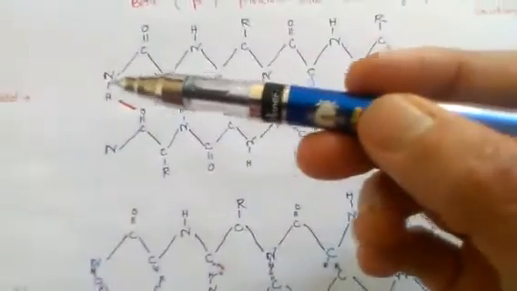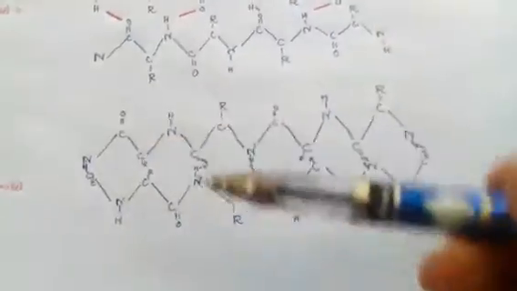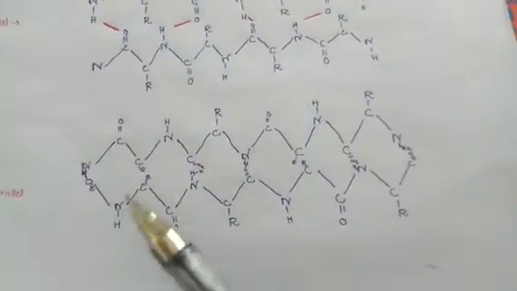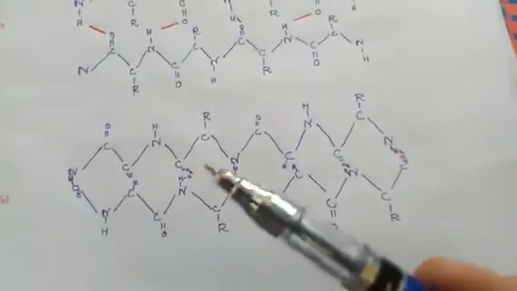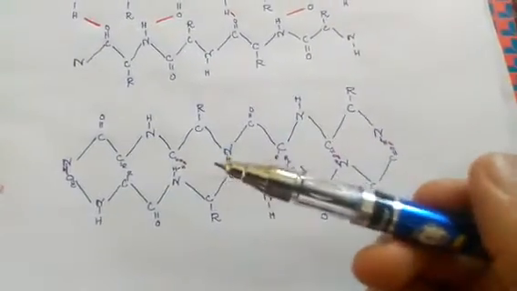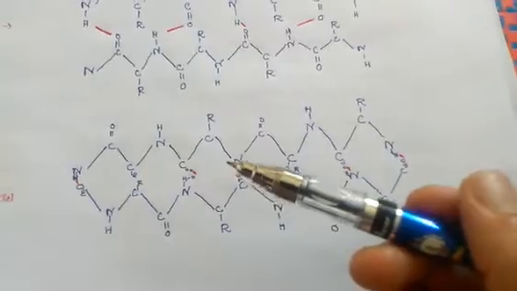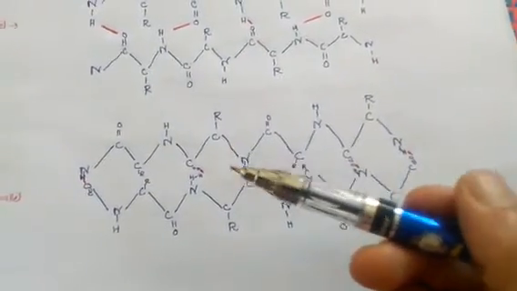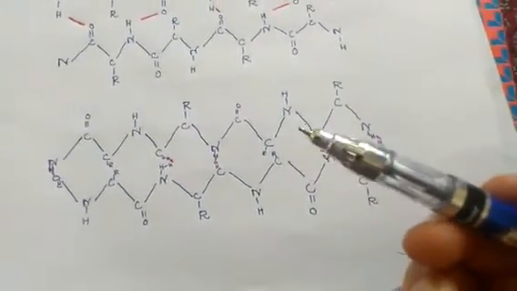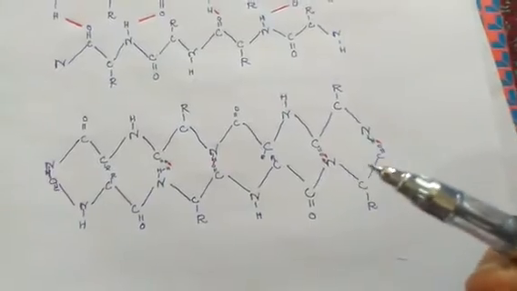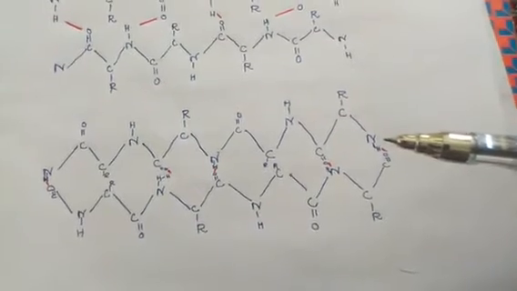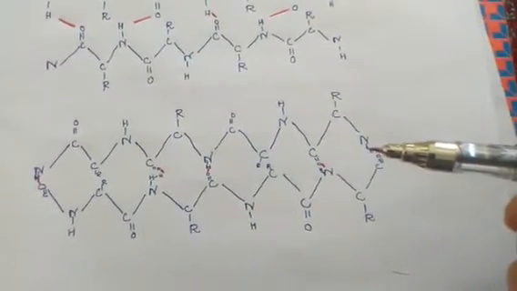So let us have a look. What is this parallel arrangement? What is this anti-parallel arrangement? Let us first look at the anti-parallel arrangement. In anti-parallel beta pleated sheet structure, the C terminus end of one segment is on the same side as the N terminus end of the other segment.